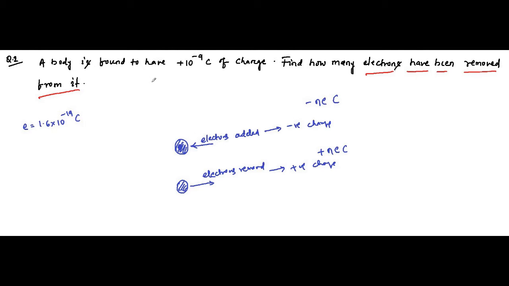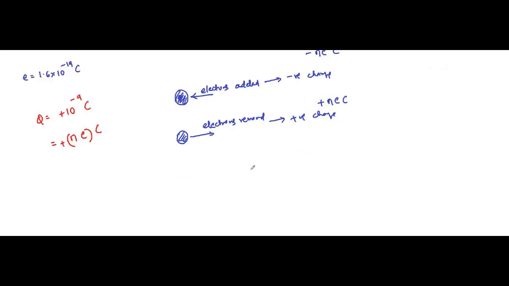So here the charge which has been acquired, that is Q, which is plus 10 to the power minus 9 coulomb, is equal to the number of electrons that are removed multiplied with the electronic charge. These two are equal. So here if we want to calculate n, Ne is equal to 10 to the power minus 9 coulomb.